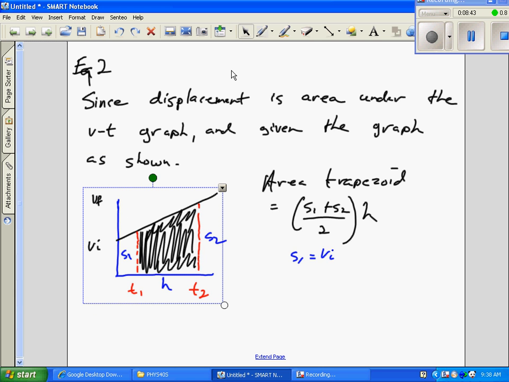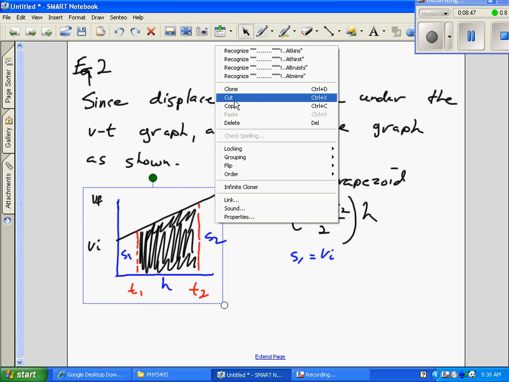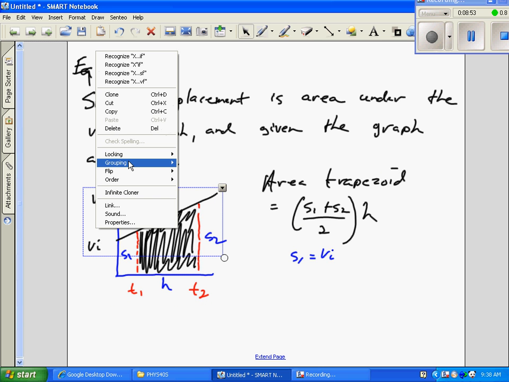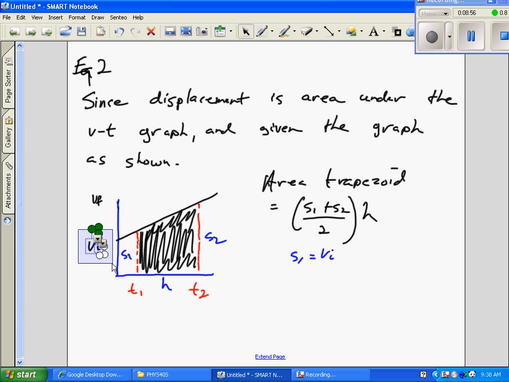I want to grab that VI. Yeah, I got to ungroup, eh? I got to ungroup that one too. Okay, I want that VI up there because it's got to line up with this right here.